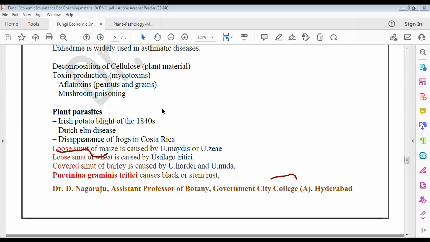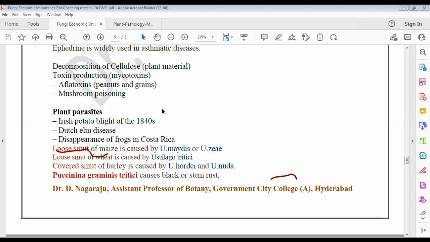No, sir, I don't know. On rice, Helminthosporium. Helminthosporium oryzae. On rice, leaf spot disease.